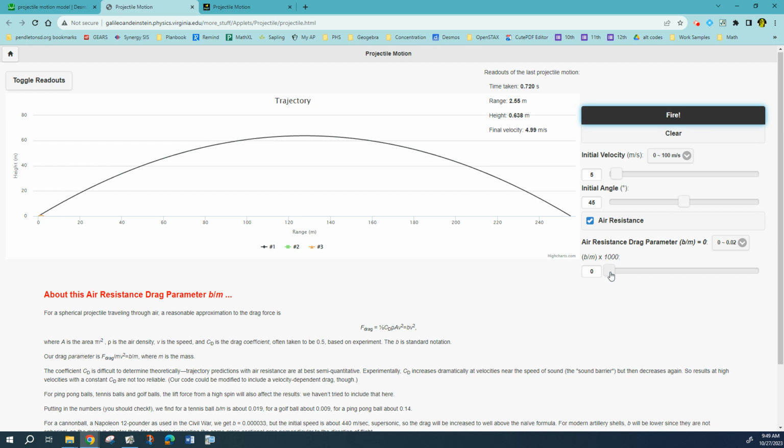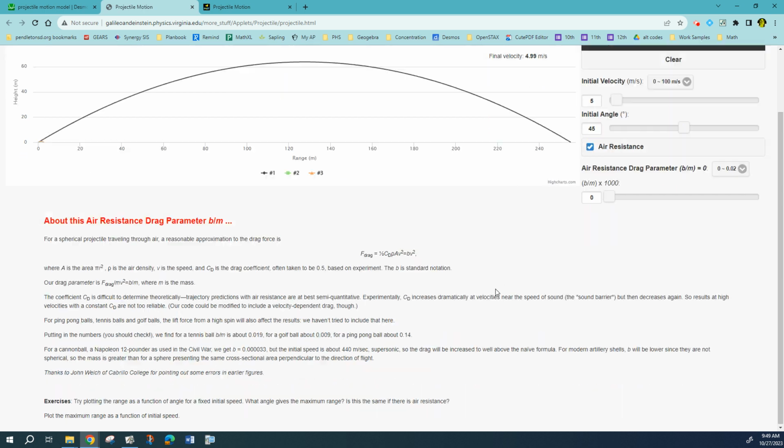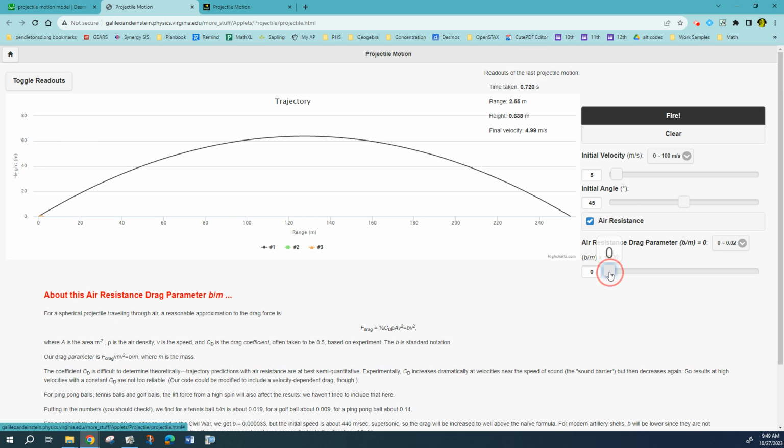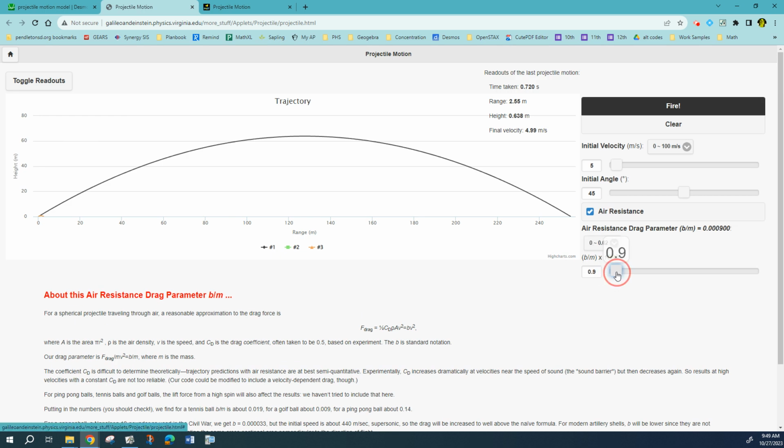Oh, hang on, I got to change the air resistance. What do I want here? Okay, let's pick something like that. See what we get. The range is 2.54. Let's make it a little bigger. I can't remember what would be.